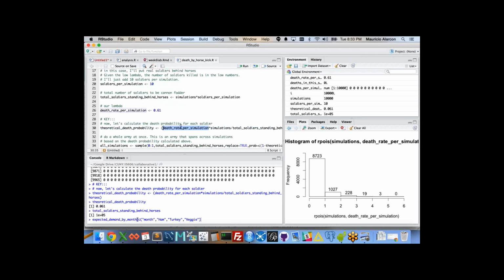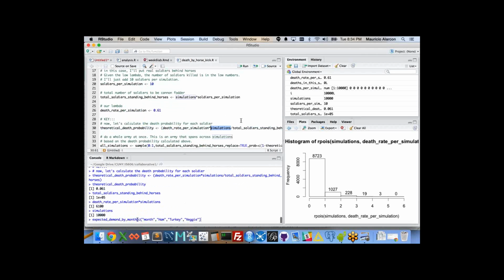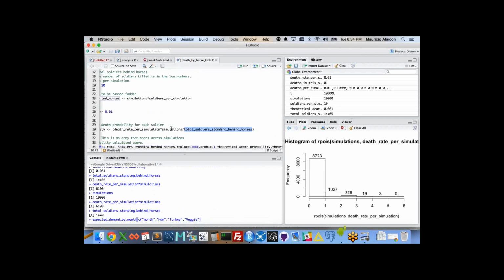So I have my numerator, my death rate per simulation, that's our lambda, times the number of simulations. Remember, we're doing 10,000 simulations. So in these 10,000 corps years, I would expect to find 6,100 deaths. I'm just going to divide that by the total number of men in that entire corpus, so I divide it by 100,000.